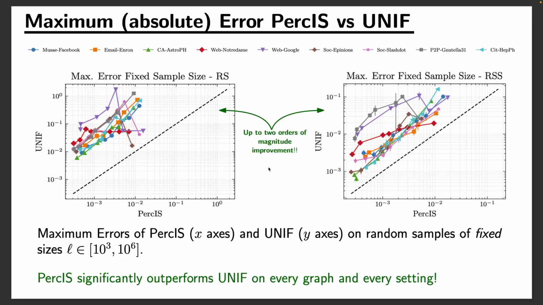We observe that the uniform sampling is always worse than PURCHASE, and moreover, we observe that PURCHASE provides up to 2 orders of magnitude improvement compared to uniform. And this also shows that PURCHASE significantly outperforms uniform on every graph and every setting.